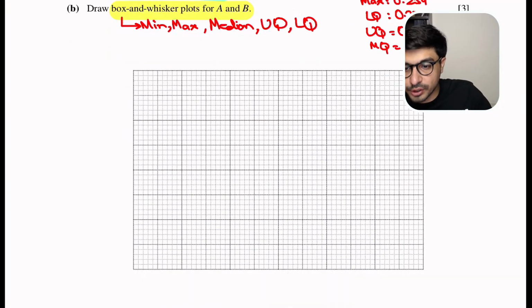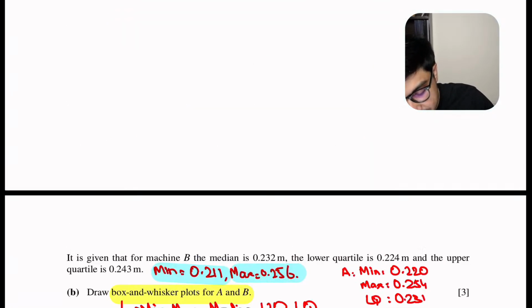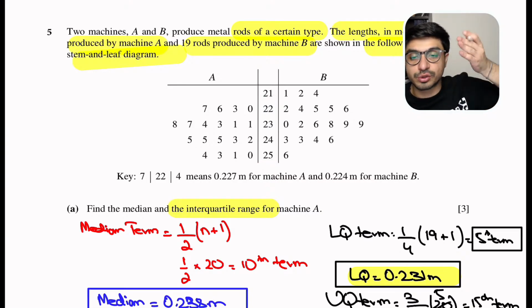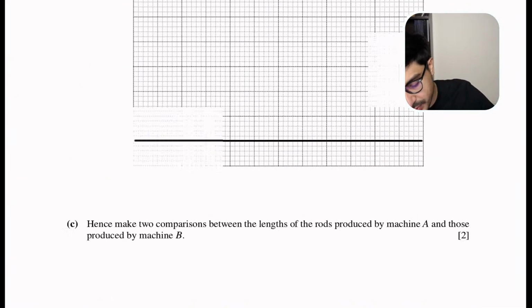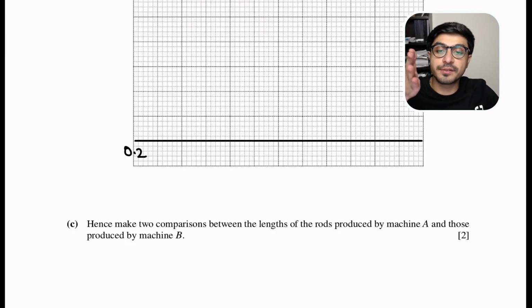Now we'll just start with the box and whisker. Before starting, first of all we need to mark the x-axis as well, right? So we can see the values are ranging from 0.21 till 0.25. So we can just start with 0.2, and we need to draw the intervals of 0.01.